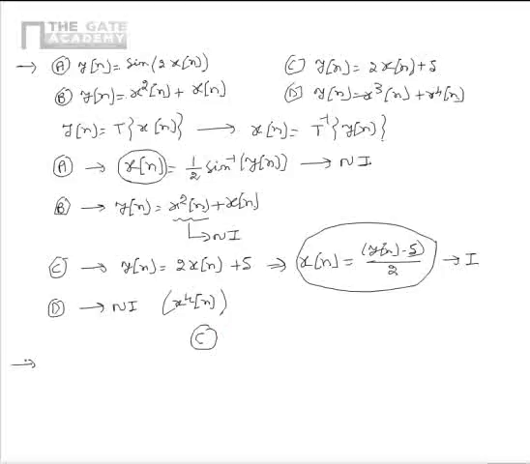Now let us consider another problem in which there is a signal x of n which is given as shown, that is, x of n's value is 1 at n is equal to 0, half at n is equal to 1, and minus 1 at n is equal to minus 1.